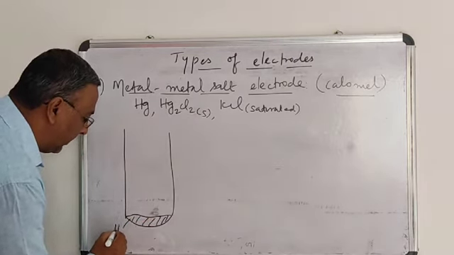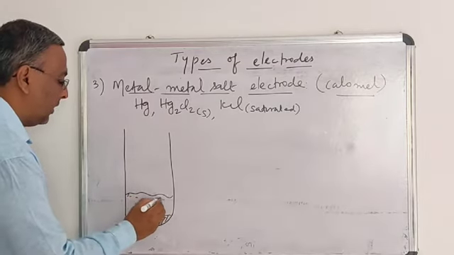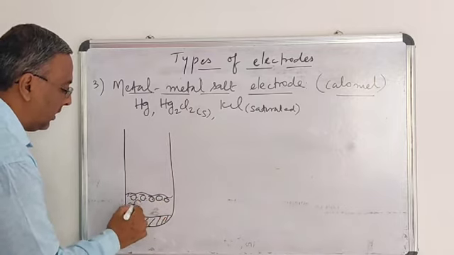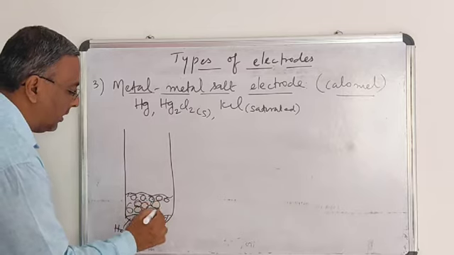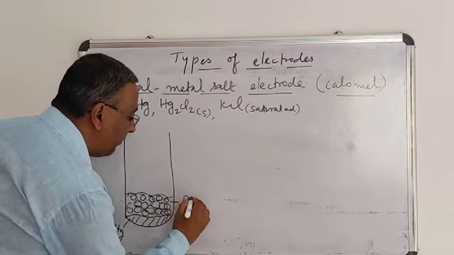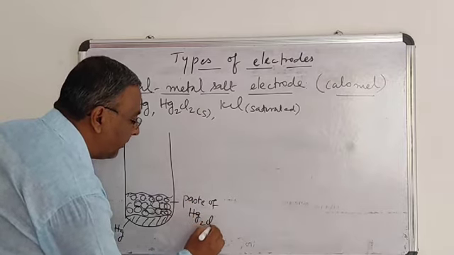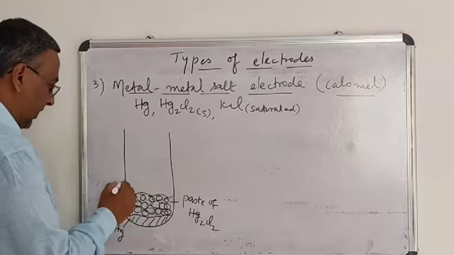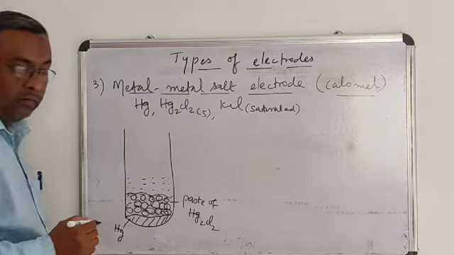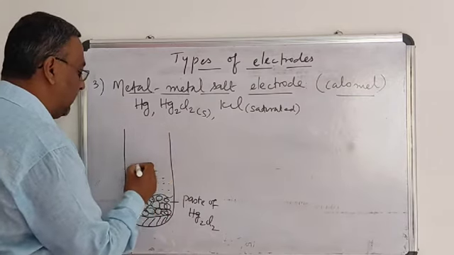This is mercury, which is covered with a paste of mercurous chloride, and that is covered with a saturated solution of potassium chloride.